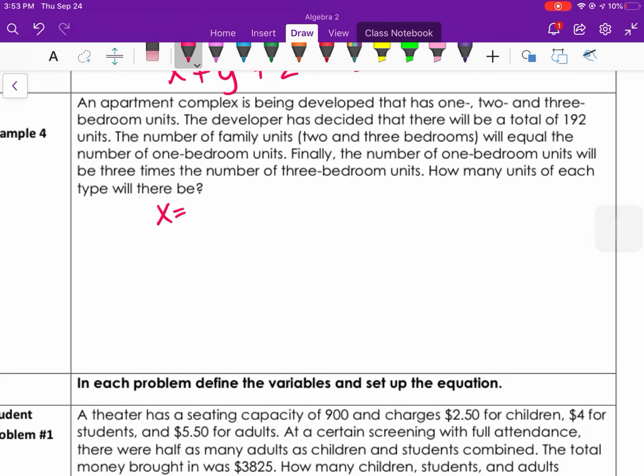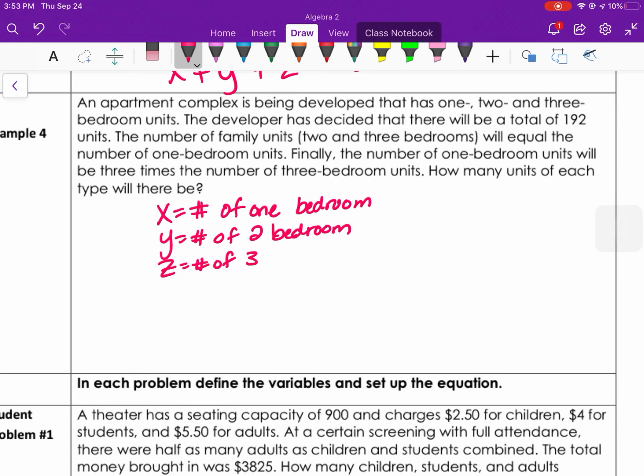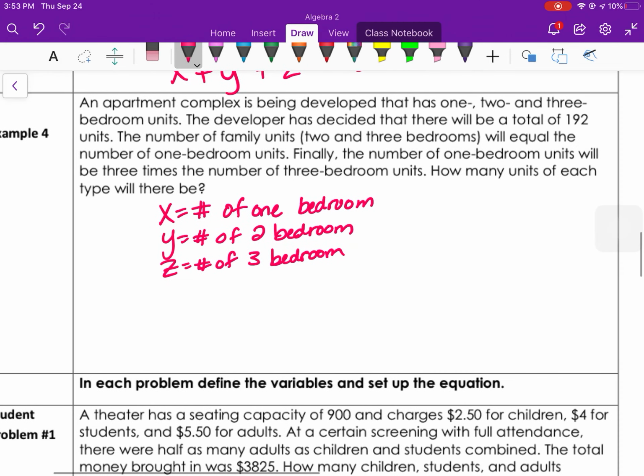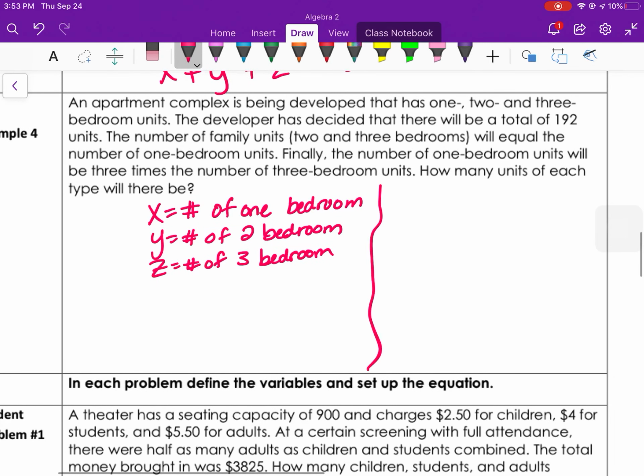So we have x is the number of 1 bedroom, let's do y is number of 2 bedroom, and z is number of 3 bedroom units.